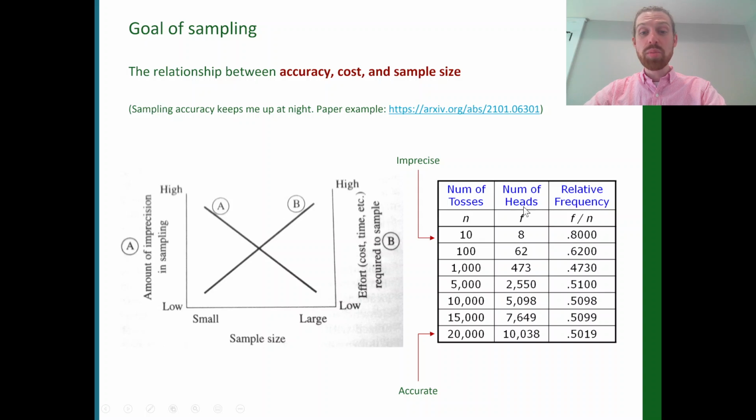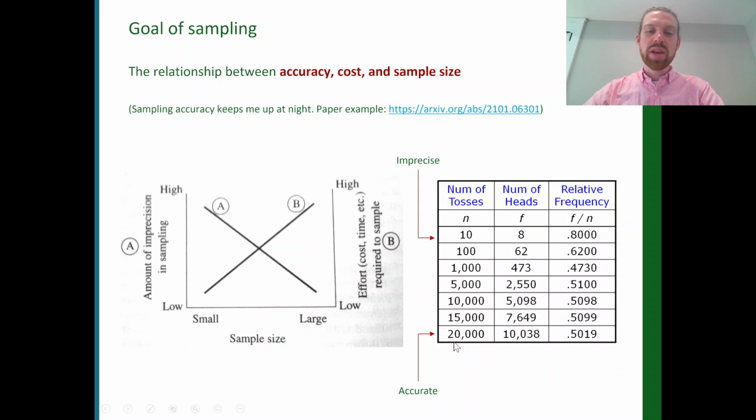And you'll remember from the probability lecture, I gave an example of how we might carry out experiments using a coin where we flip heads or tails. We might just flip it 10 times and we might get 8 heads, and it might produce a relative frequency of 0.8, so an 80% probability of producing heads, which we know from our existing knowledge, our a priori knowledge, is incorrect. We would expect a 50-50 chance of getting a heads or a tails.